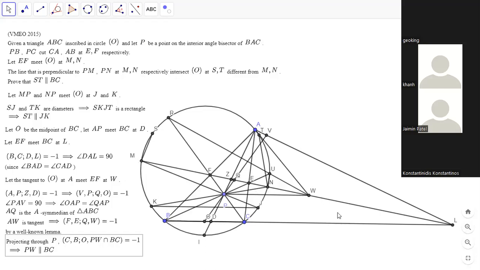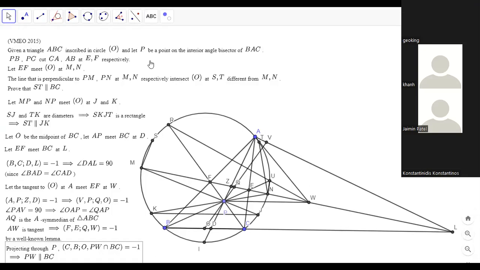Can we use harmonic conjugation for that? So yeah, do you know where to go after this point? Maybe I'm missing something obvious.